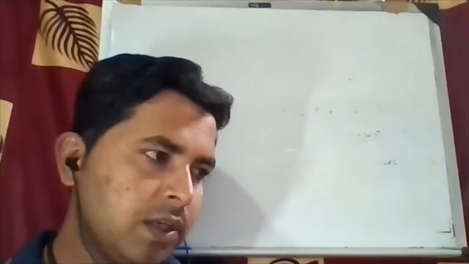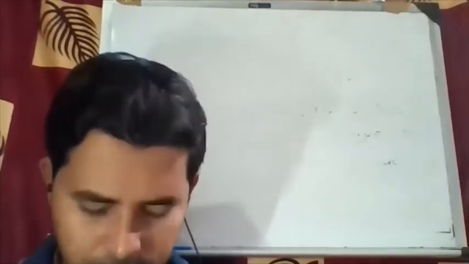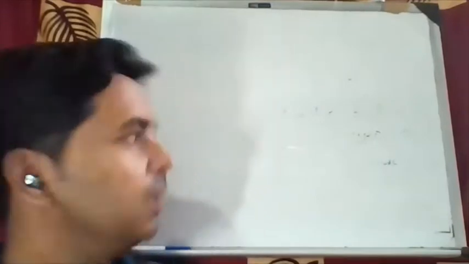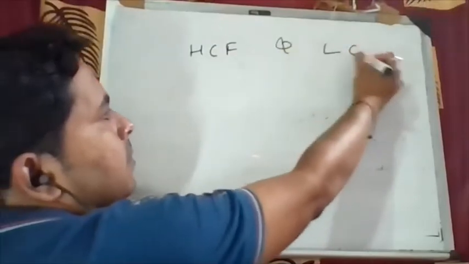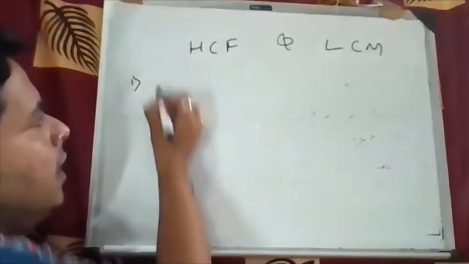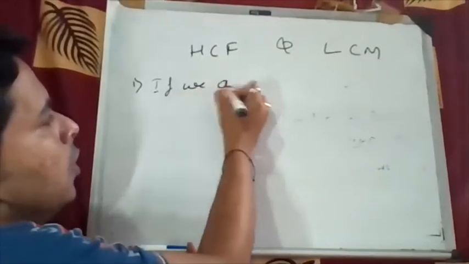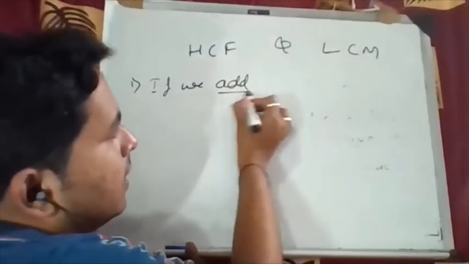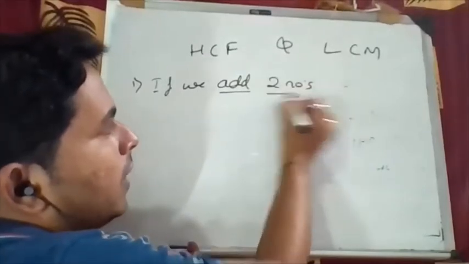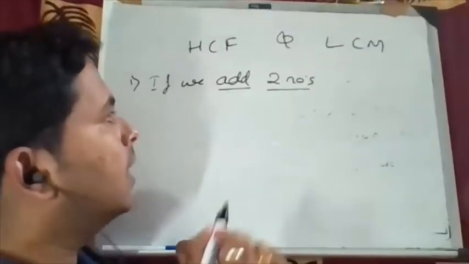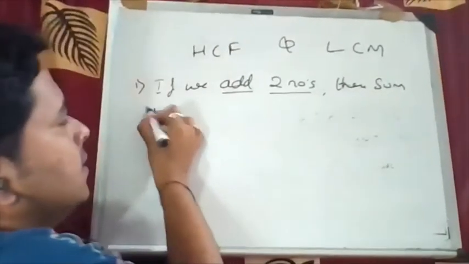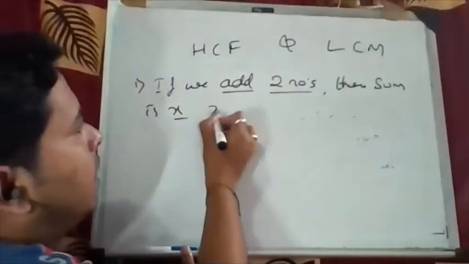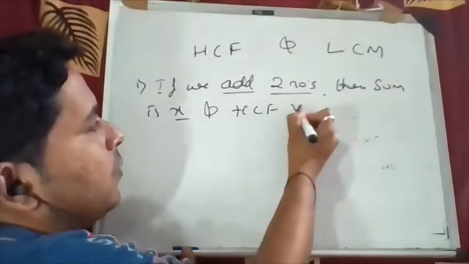We'll see some statement type of problems, three or four types of statements they'll ask. First is for HCF and LCM. How do they ask? First, they'll say if we add two numbers, their sum is some x value, and their HCF is y.